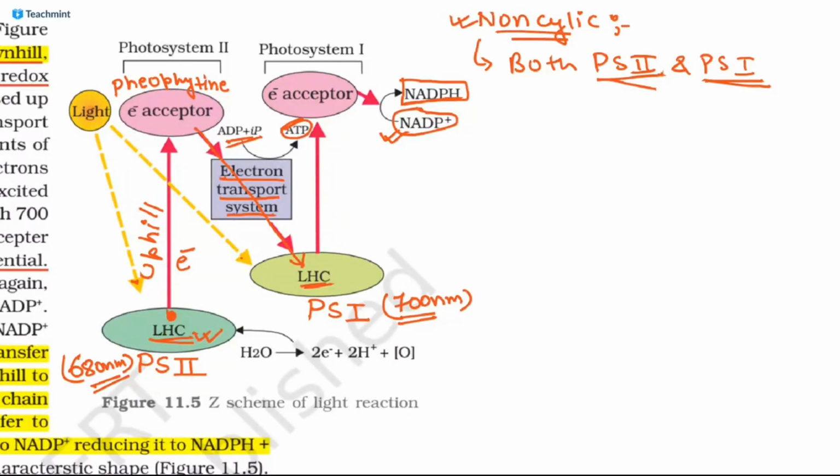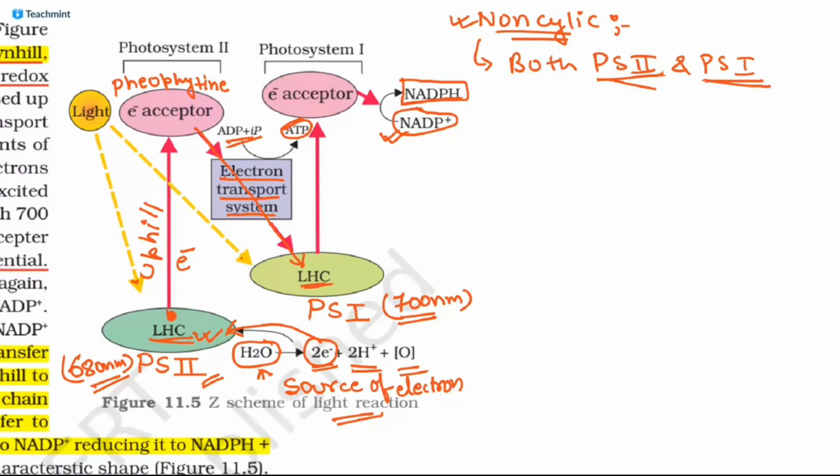At photosystem 2, there is a process which we call the splitting of water. Here you can see water is split into 2H plus, 2 electrons and 1 oxygen. These two electrons enter photosystem 2, and this acts as the permanent source of electrons. So the continuous source of electrons during non-cyclic photophosphorylation is the splitting of water.